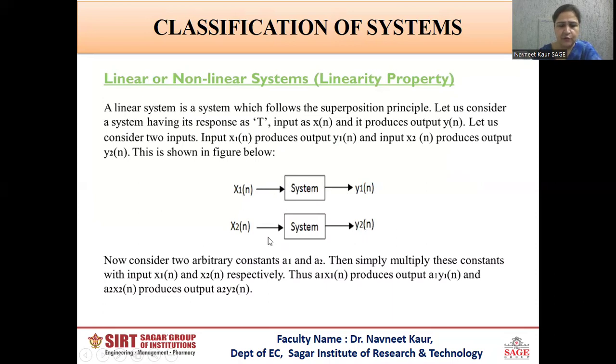Suppose I have two inputs, x1[n] and x2[n], given to the same system, and as a result, I get y1[n] and y2[n] respectively. If I multiply these inputs with constants a1 and a2, I get a1 y1[n] for a1 x1[n], and a2 y2[n] for a2 x2[n].